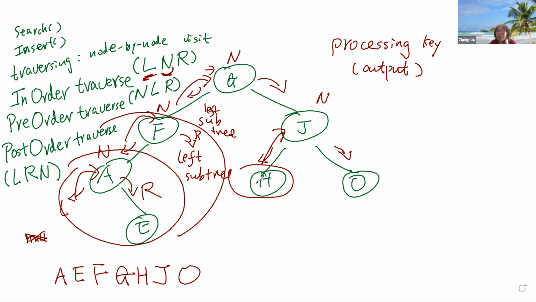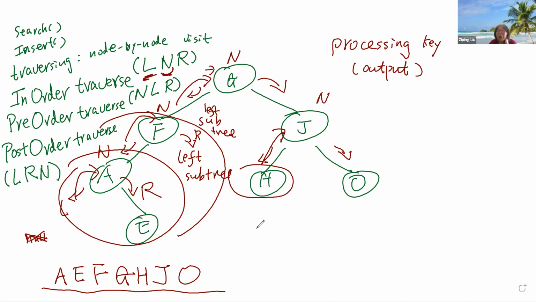I finish this node, and you also finish the root node's right subtree. You completely finish. So that's the output of this in-order traversing.